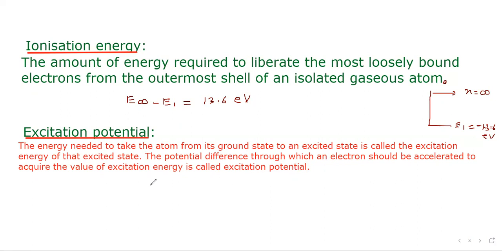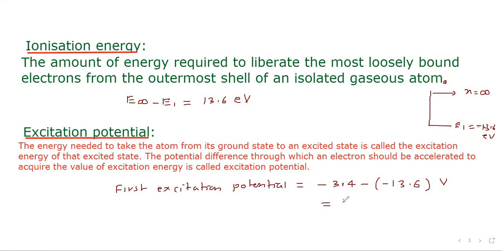So here first excitation potential will be equal to minus 3.4 minus of minus 13.6. Unit will be volt this time. This is same as first excitation energy, except here earlier it was minus 3.4 electron volt and minus 13.6 electron volt, but now it is only in volt.